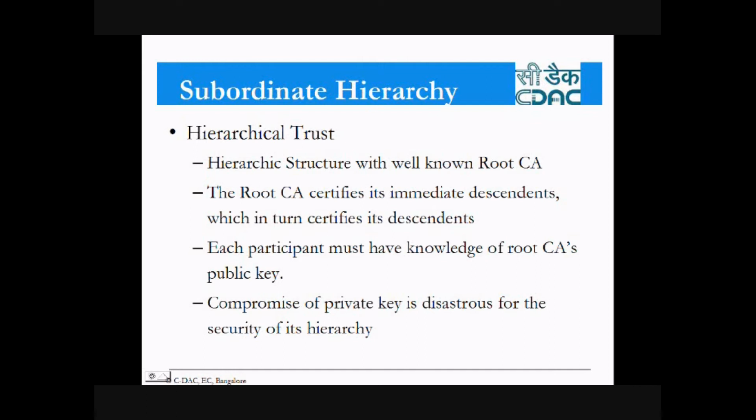Under the Root Certifying Authority, there are certifying authorities like TCS, nCode, 3i Infotech, NIC, etc. So these certifying authorities issue certificates to individuals, to companies, and to other organizations.